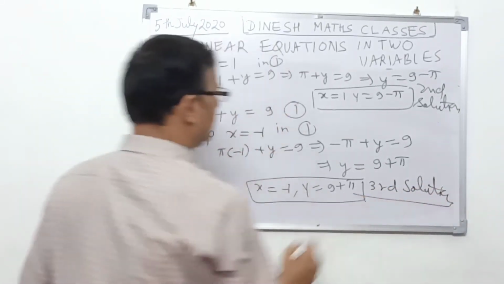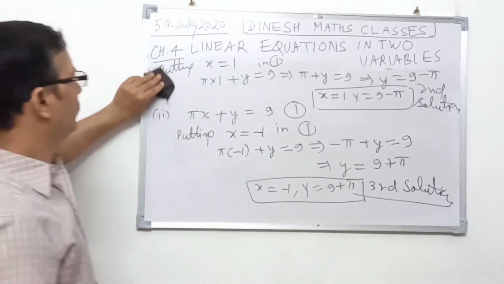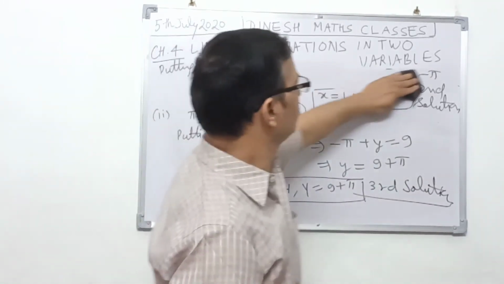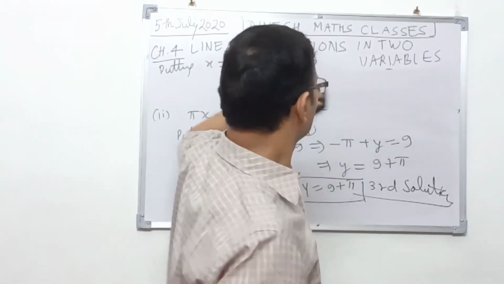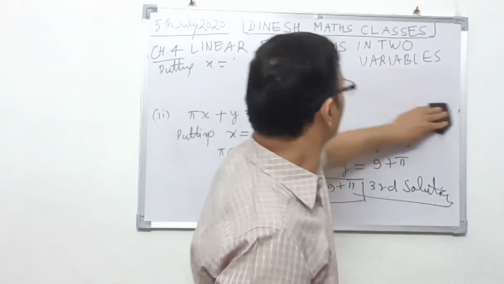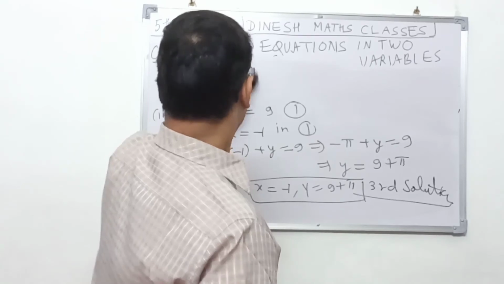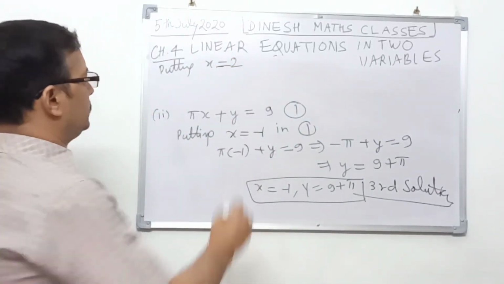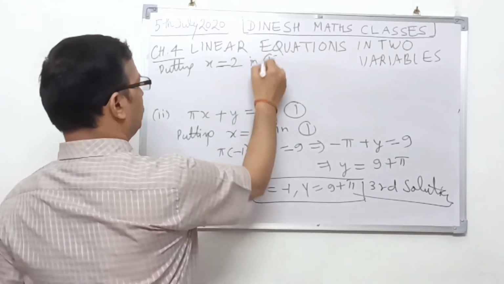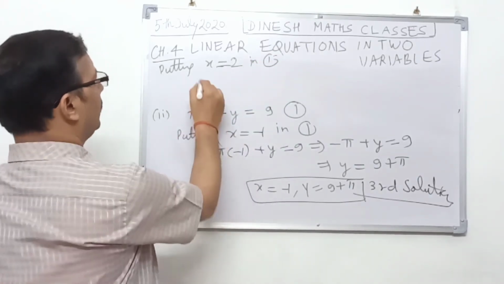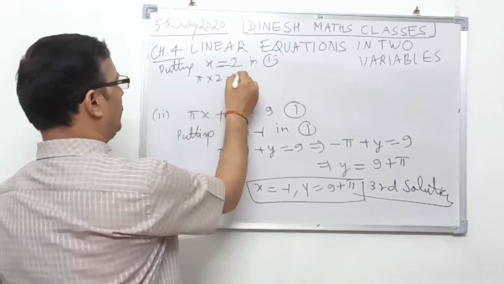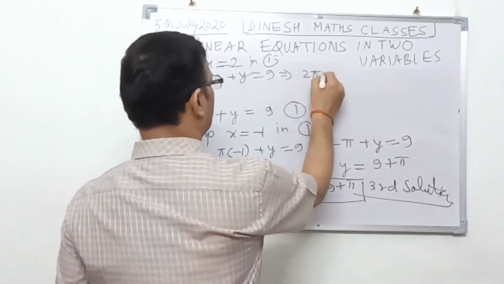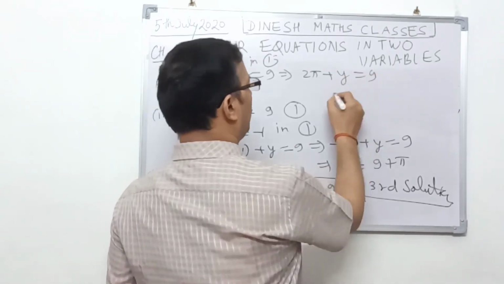And following the same method, we can get one more solution. Let us put now x equal to 2. Putting x equal to 2 in 1, pi into 2 plus y equal to 9, and this implies 2 pi plus y equal to 9.